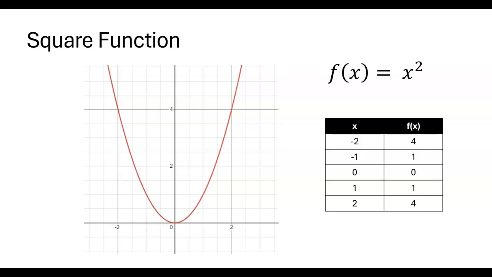So you can see in this table, we have -2, 4, -1, 1, 0, 0, 1, 1, 2, 4. You can match them up with points on the graph. When you move forward into transformations where you are moving functions, you can use the basic or the parent function to help with that. So that is the x squared, the square function.